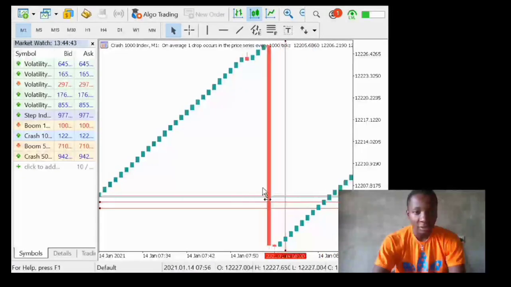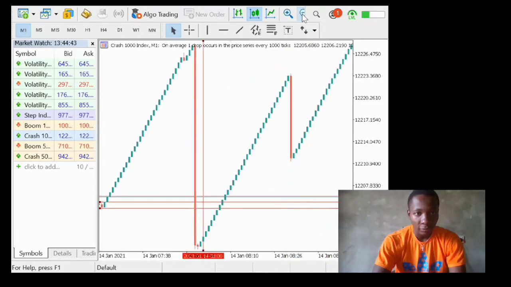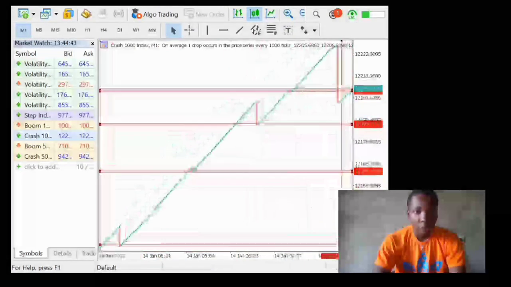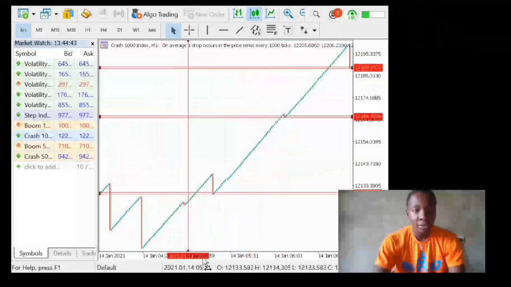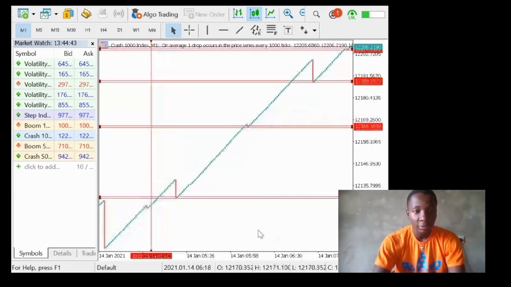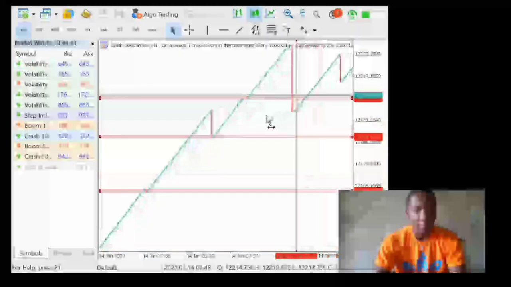Now remember, let me zoom out so I'll show you something. Okay, good. So you see now, look at how I spotted everything. This is 5 a.m. You make money here, here, here, and here.